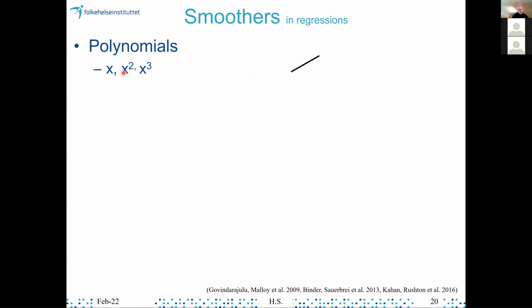If you're putting in X squared, then you are assuming something that bends one way, either like this or a U shape. And if you're putting in X cubed, then you have something that bends two ways, like this shape. And if you put in all three together, as in a third order polynomial, well, then you have something that's fairly flexible.